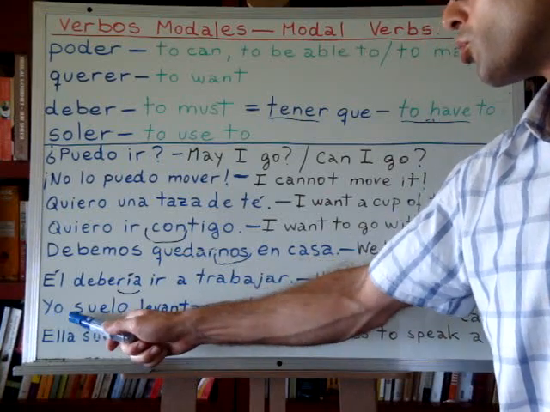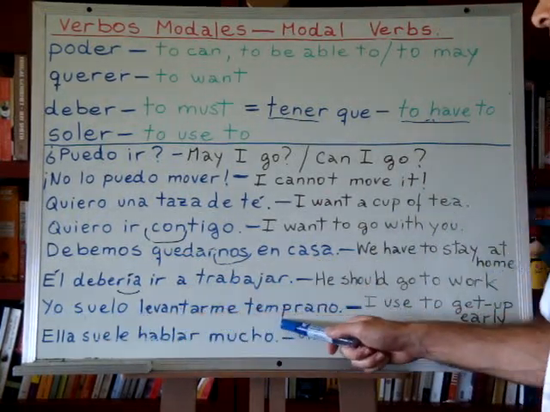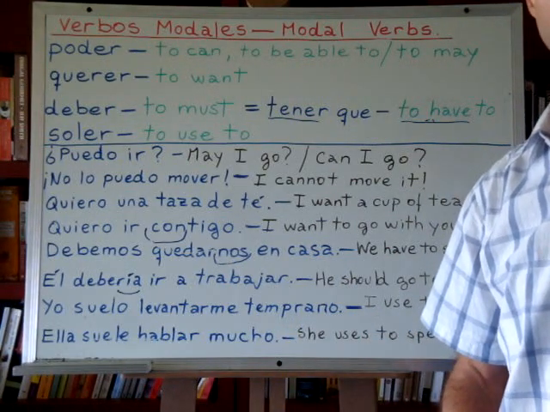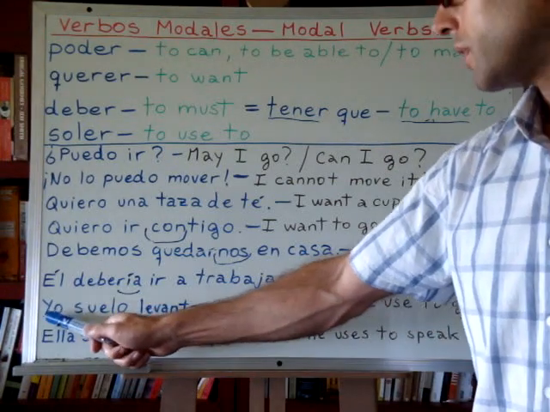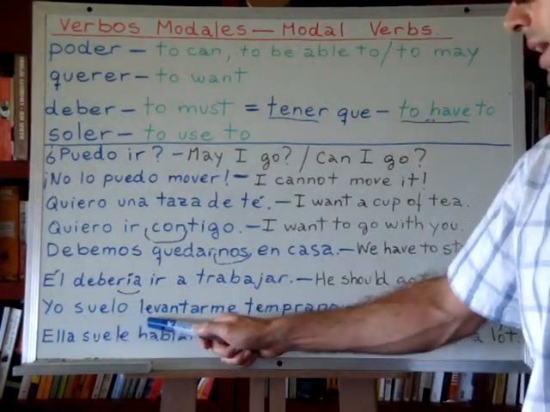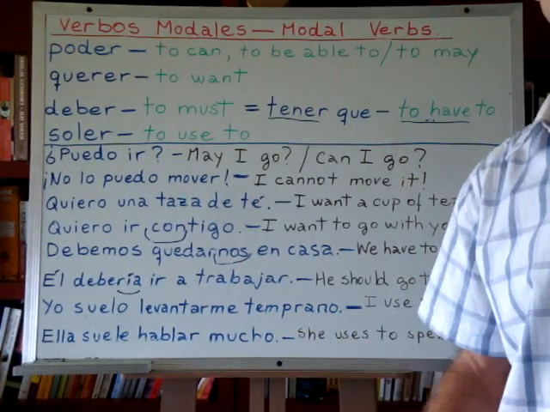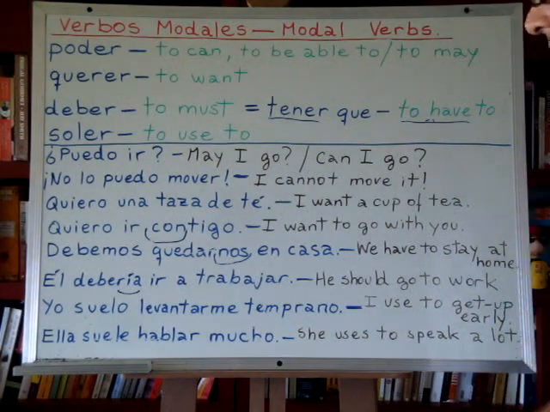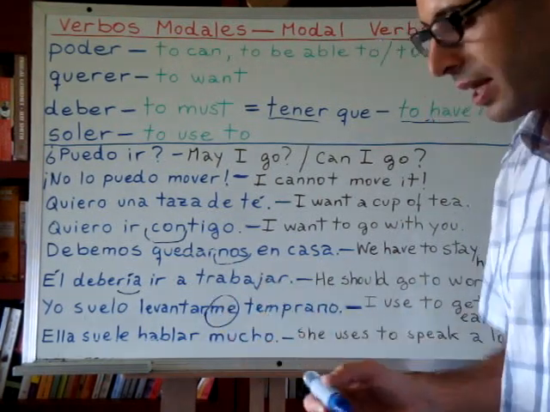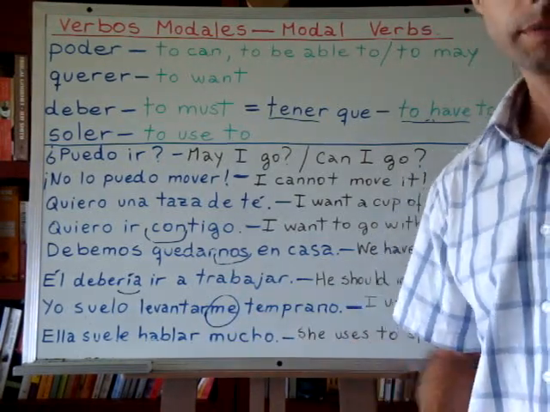Yo suelo levantarme temprano. Yo suelo levantarme temprano. This means I used to get up early. Temprano means early. This is another reflexive verb. Look at the ending, me. This literally means to get up myself, okay?